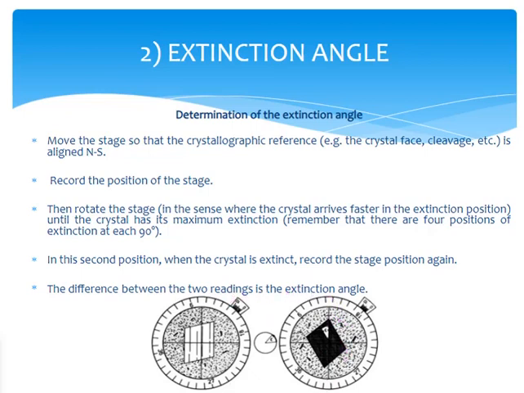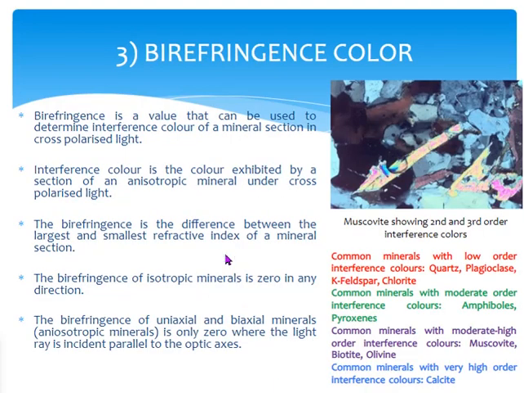Okay, so the next property is birefringence color. Birefringence is a value that can be used to determine the interference color of a mineral section in crossed polarized light. So what is interference color?